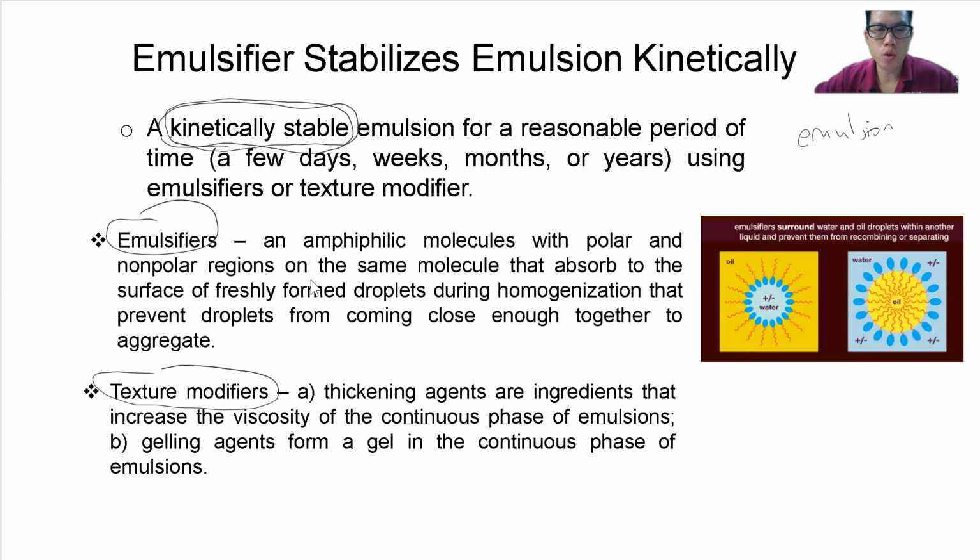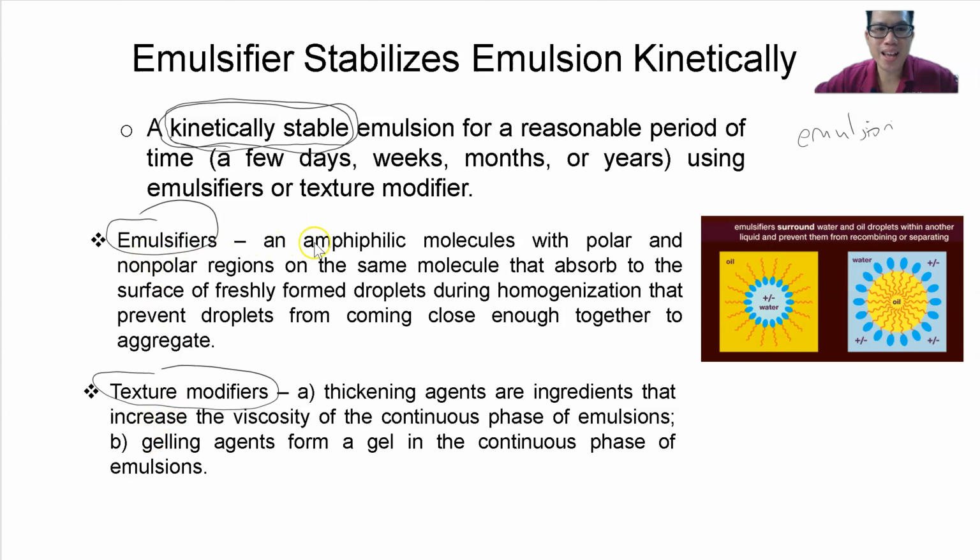Kinetically stable means it can slow down the process to maybe a few days, weeks, months or years, depending on what kind of emulsifier or texture modifier you use. Let's talk more about these two substances, the emulsifier and the texture modifier.